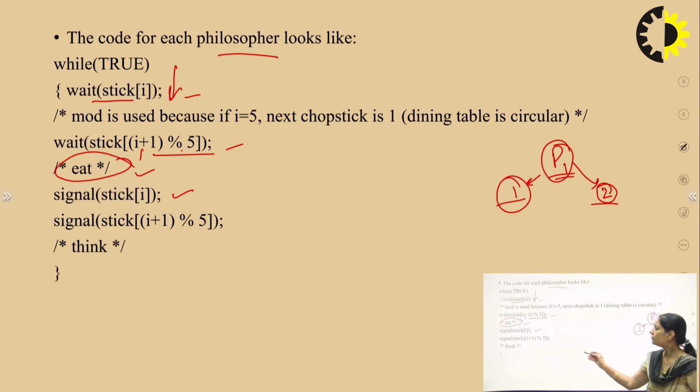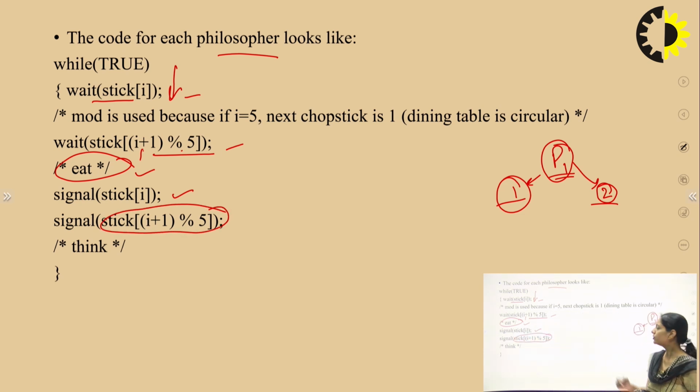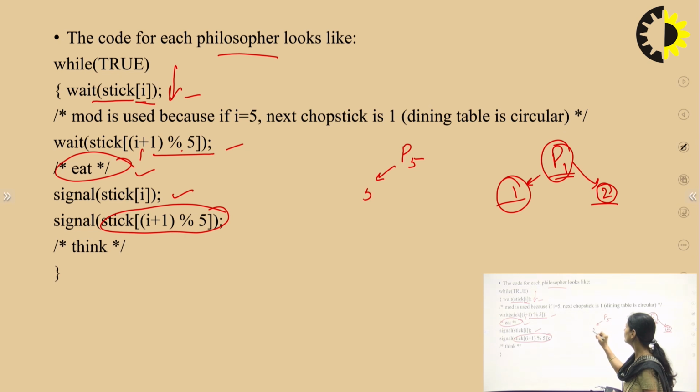Now why are we using this formula, the modulo? Suppose we are working on the fifth process. When the fifth process enters, it will put a wait again on stick I, that is the fifth chopstick.